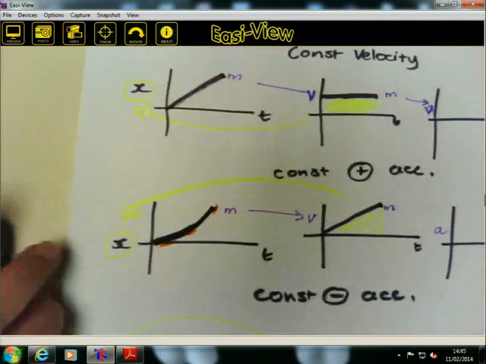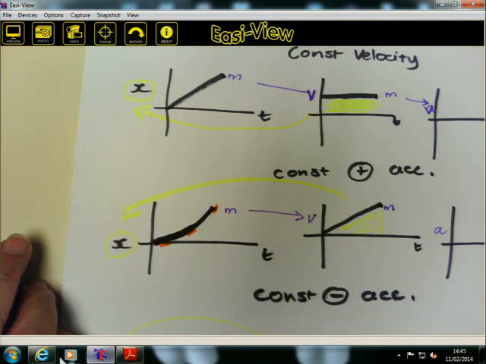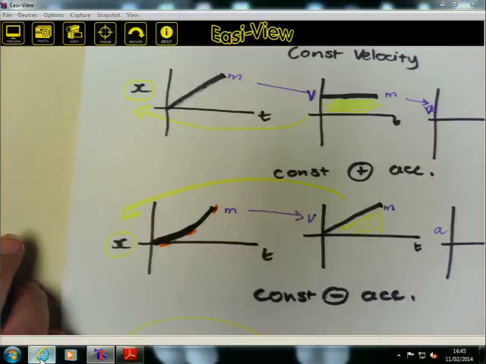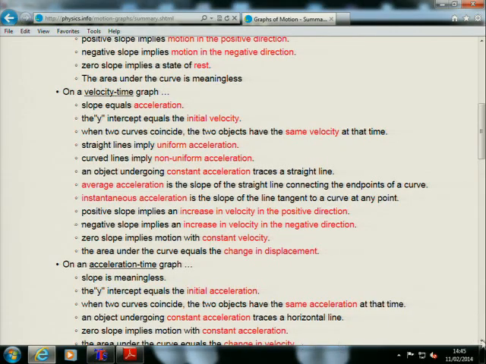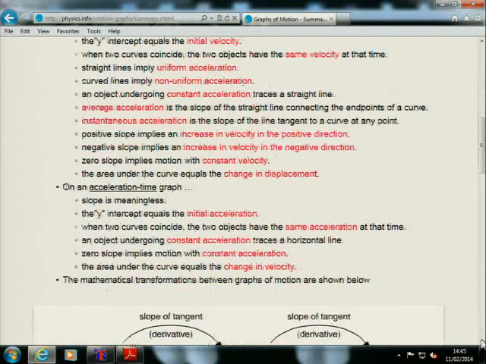Then the next thing we had a look at is acceleration. Now let's see if they tell us anything about acceleration here. Acceleration, well, they tell us here the slope is meaningless. It doesn't give us anything. Right. The y-intercept, once again, is the initial acceleration. If two curves coincide, they have the same acceleration.